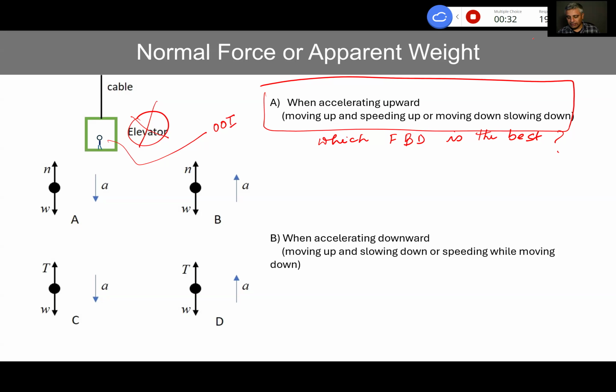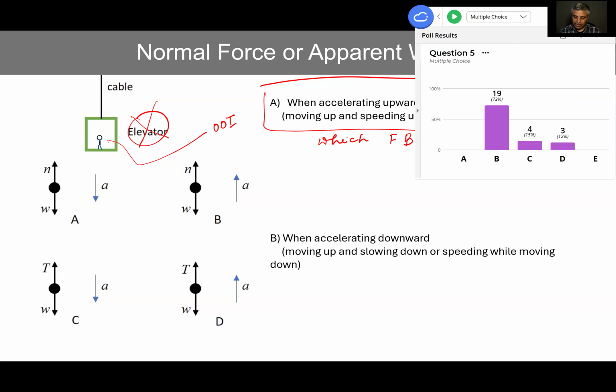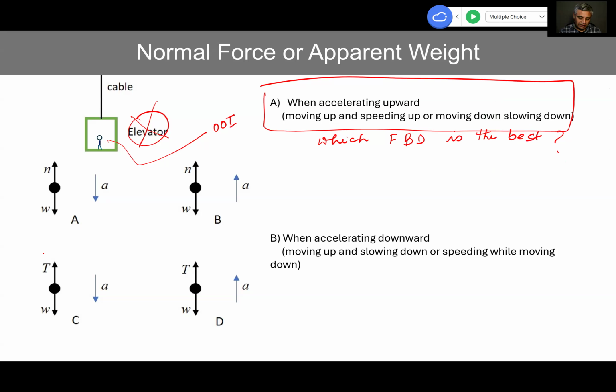Five more seconds. 5, 4, 3, 2, 1, and it stops. Let's see what we got here. Mostly B, and that is the correct answer. C and D are incorrect because there is no tension force acting on the person.